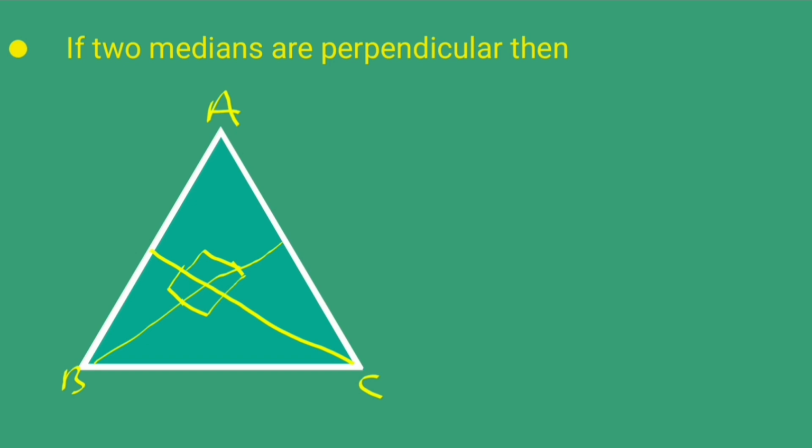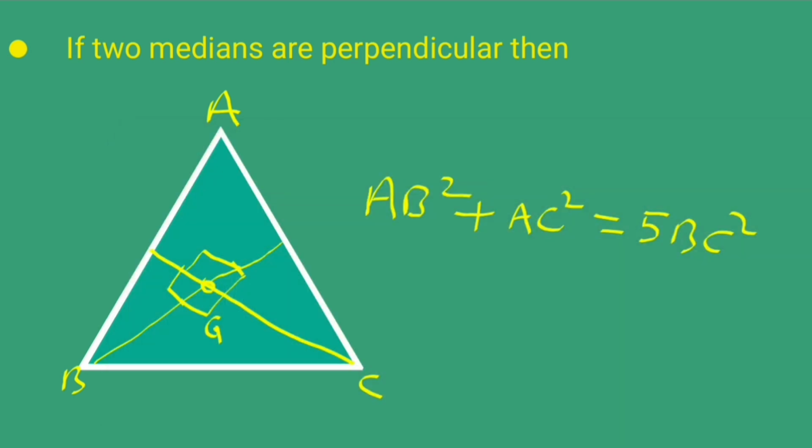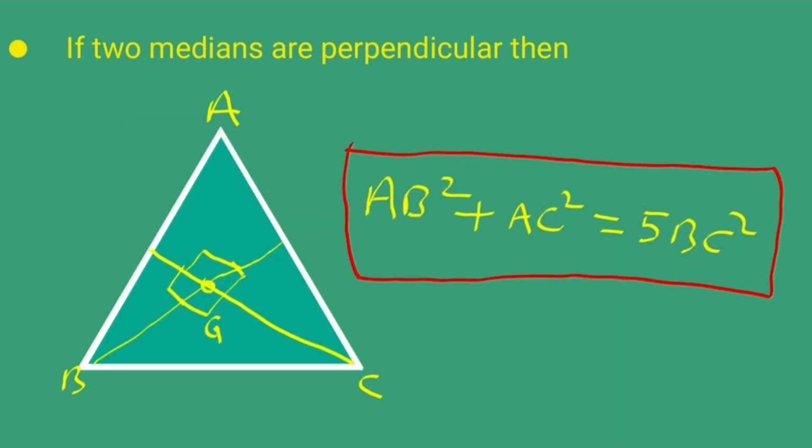Then suppose this is the meeting point of the medians, called centroid, represented with G. And these two medians are perpendicular to each other. Then the condition is AB square plus AC square is equal to 5BC square. This is the condition when two medians are perpendicular to each other.